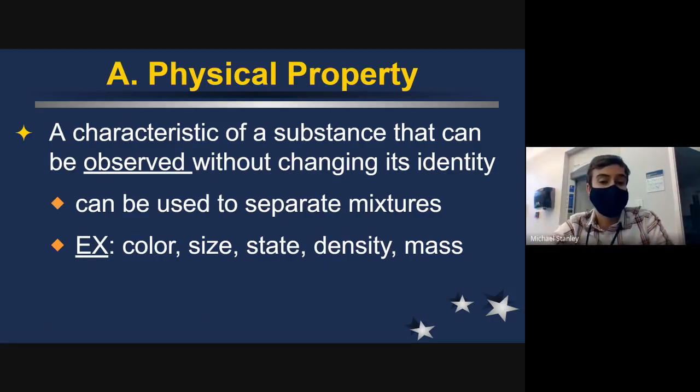We can also describe physical properties as things like measurements. So what is the density of our matter? How dense is this matter? What is its mass, which is the fancy science way of saying weight? So how much does this matter weigh? How big is it? How heavy is it?